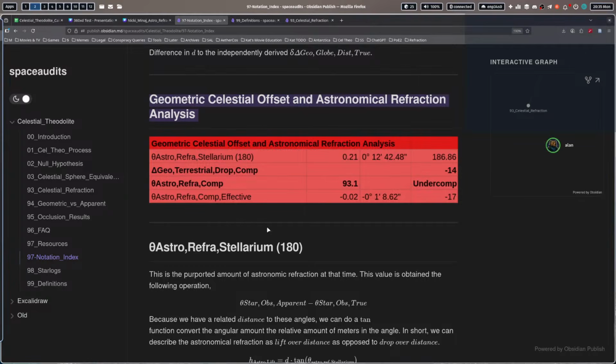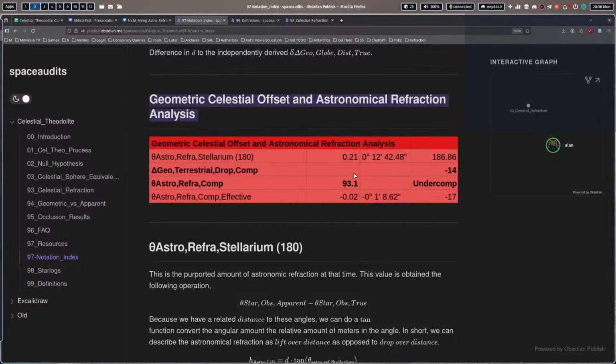That's just subtracting the amount of actual drop over distance over their liftover distance. And then we have astro refraction compensation. This is just dividing the amount of refraction by the drop over distance. That ratio is a percent, so 93%. So they undercompensated, and we'll see how that changes.